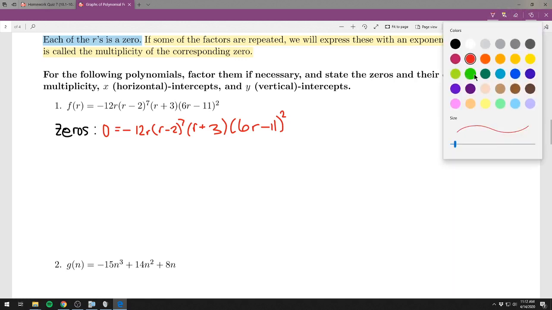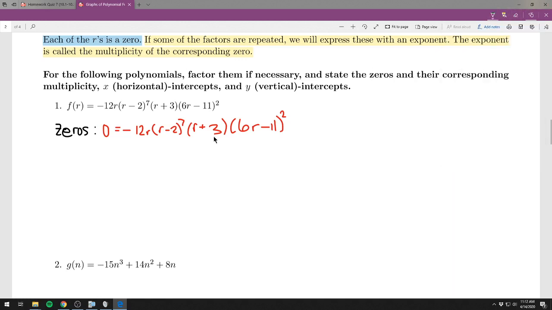All right, now this one's very messy, but because it's already factored, there's not much you really have to do here. When you have it factored and it's set equal to 0, we now set each factor to 0, just like when you solved equations before. In order to factor, you have it equal to 0 first, factor it, and then set each factor to 0. And so don't forget about the thing in front, the negative 12r.